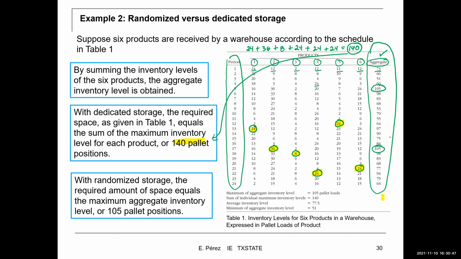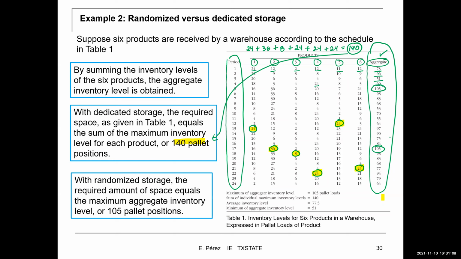It is because at any point in time, if you look at these 24 time periods, that's the maximum amount of items that you have through that period of time. So it's not because it's repeated, it's just because you're looking at each time period.